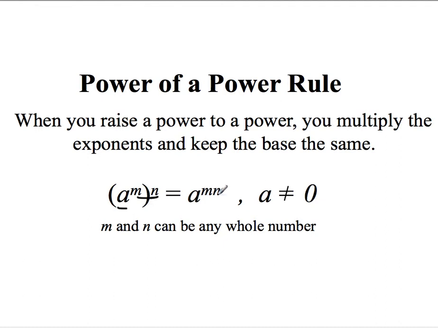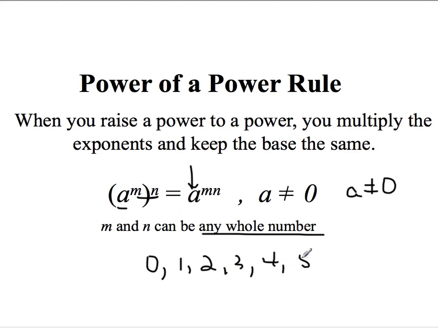So I multiply the two exponents together, and my base can't equal 0. And the m and the n, your two exponents, can only be whole numbers. Whole numbers are 0, 1, 2, 3, 4, 5, and up.